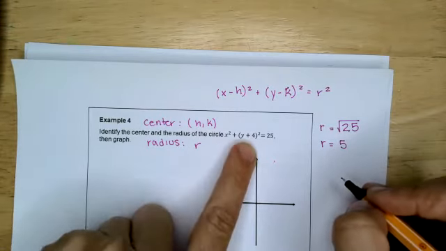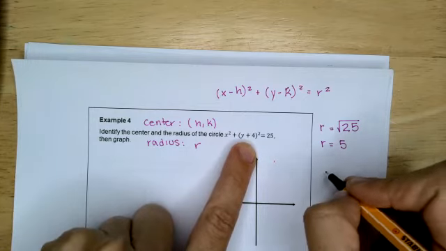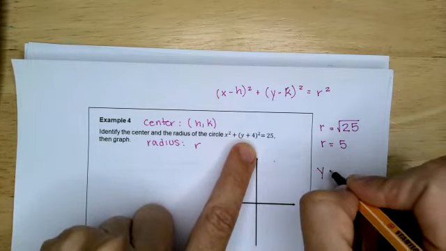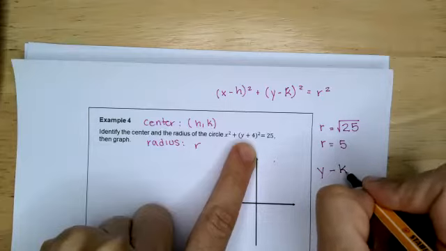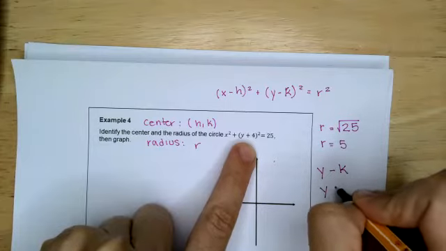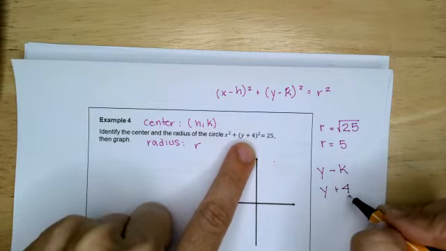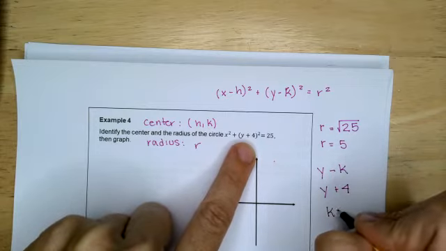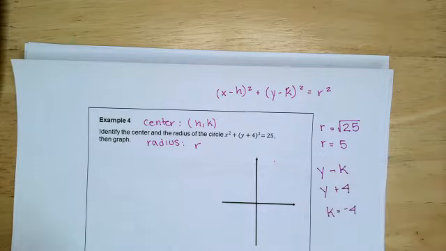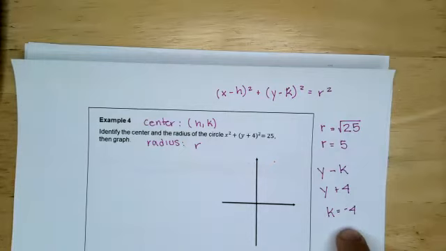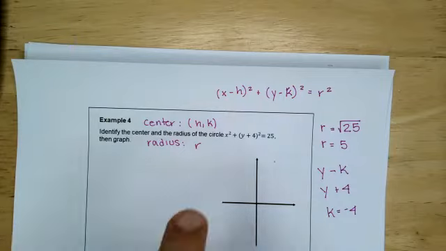I can see that there is a number grouped with y. So y minus k is the same as y plus 4. So minus what would give me a +4? K is -4. I know r is 5. I know k is -4. But what is h? There is no number grouped with x.